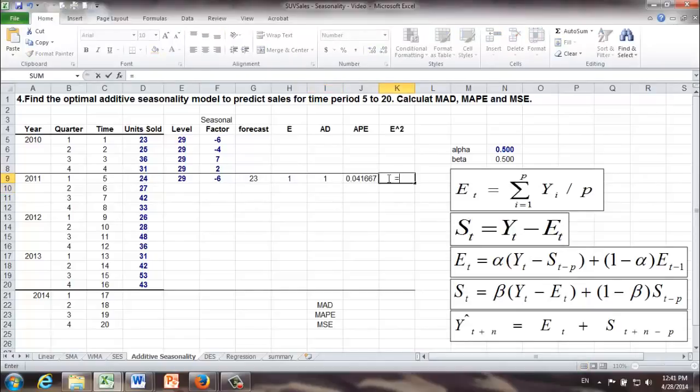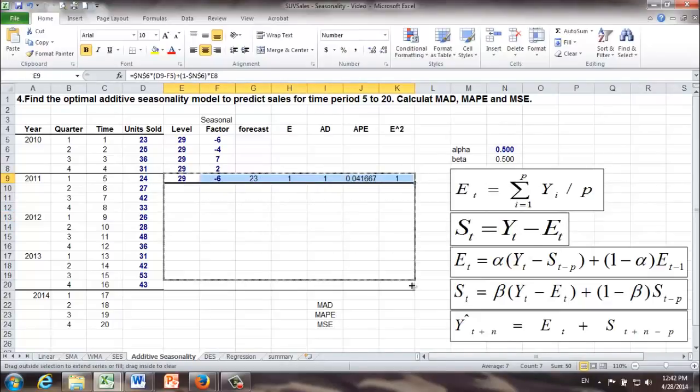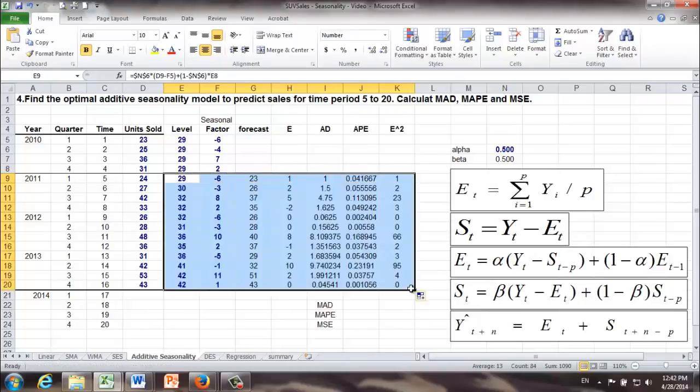And squared error will be nothing but forecast error squared. And once we have that, we can just click and drag it down to finish the calculation for all the remaining 11 time periods.